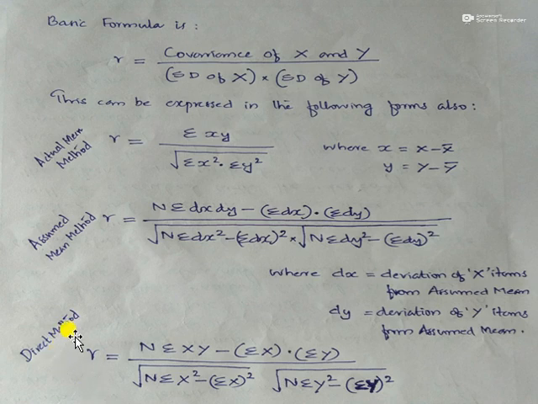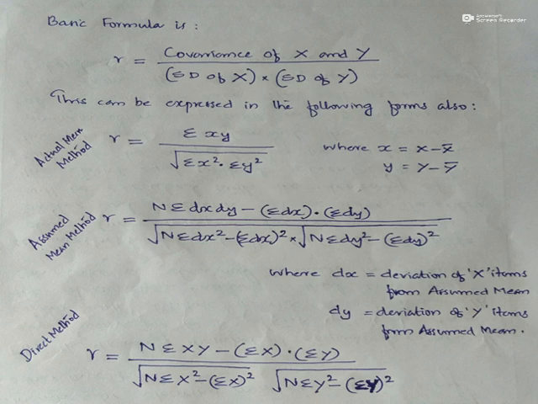Then the formula for Karl Pearson's coefficient of correlation under direct method is r equals n sigma xy minus sigma x into sigma y, whole divided by square root of n sigma x square minus sigma x whole square, into square root of n sigma y square minus sigma y whole square.